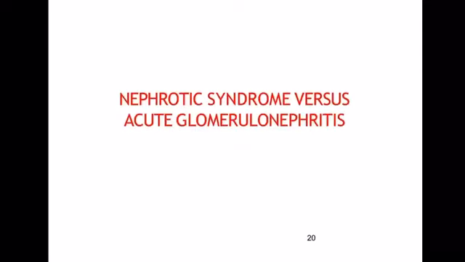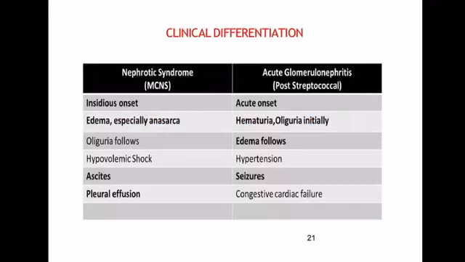Now nephrotic syndrome versus acute glomerulonephritis. This is a condition which can mimic the same symptoms. So we have to differentiate whether it is nephrotic syndrome or acute glomerulonephritis, because the treatment of both is different.